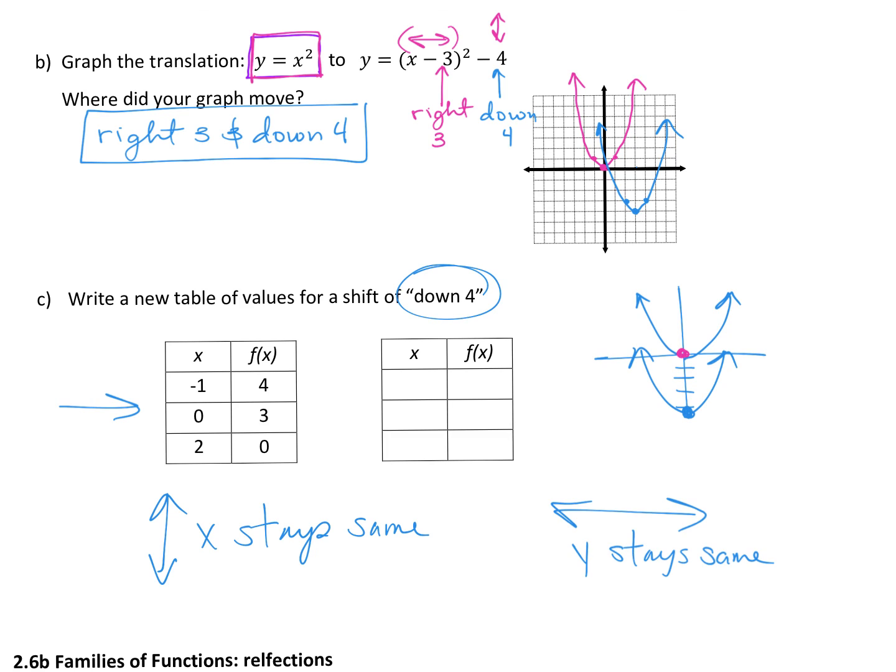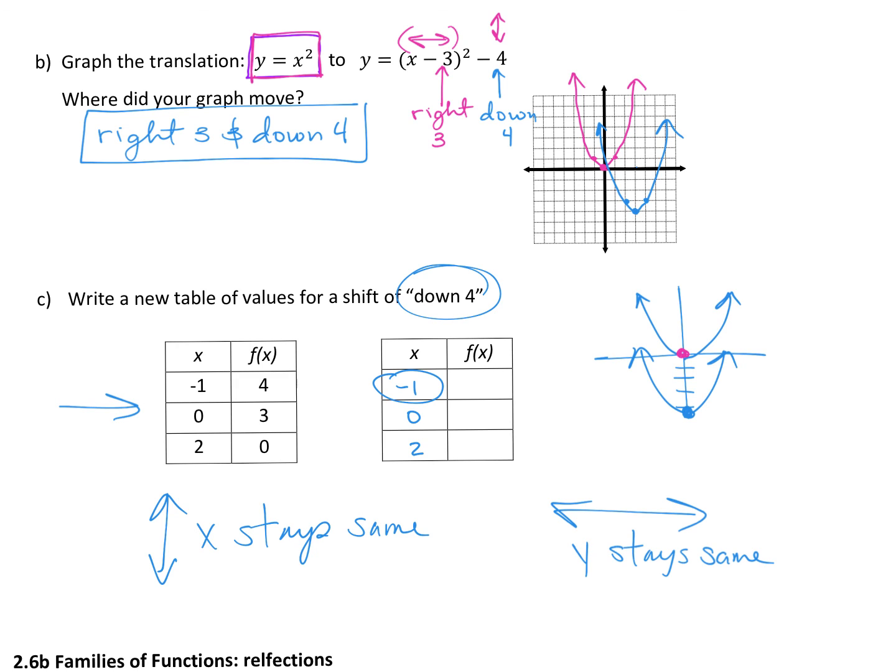If we're shifting down 4, okay, down 4 is only changing our y value. So what is this blank going to be? -1. What's our next one? 0 and 2. Okay, our x values don't change if we're shifting up and down.